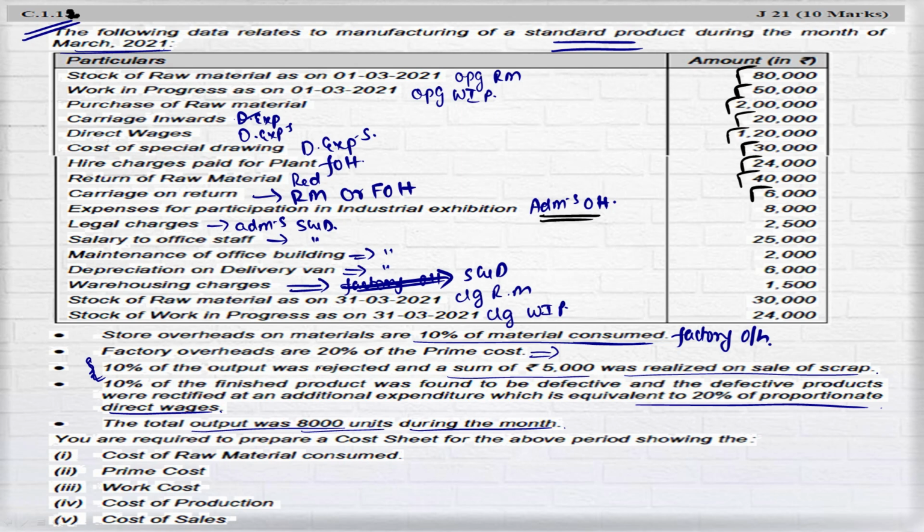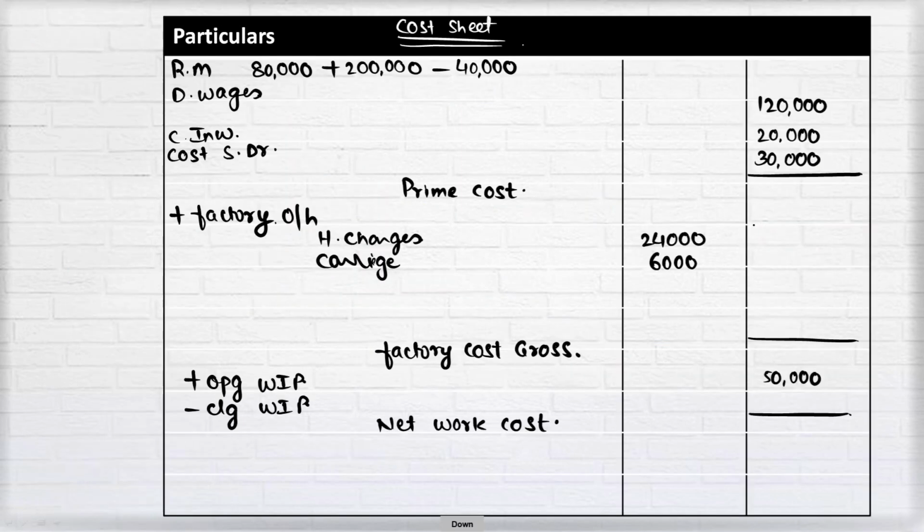This is administrative overhead not related to production. Please understand administrative overhead related to production. Quality checking. You are hiring some person just for quality checking. This is administrative overhead related to production. You are hiring a person for research and development of a product. It is administrative overhead related to production. This can be administrative in selling and distribution, 8,000.